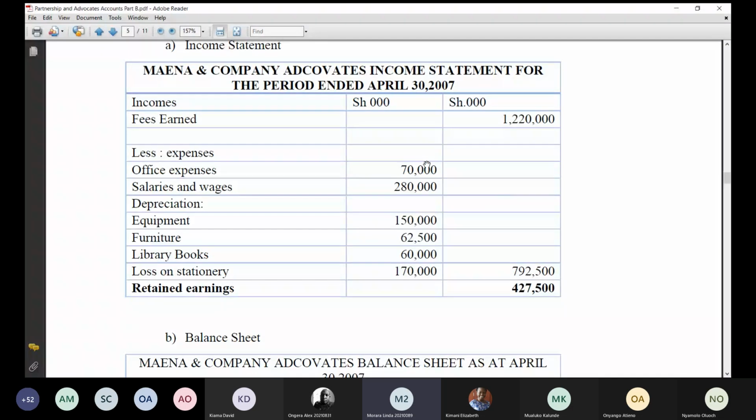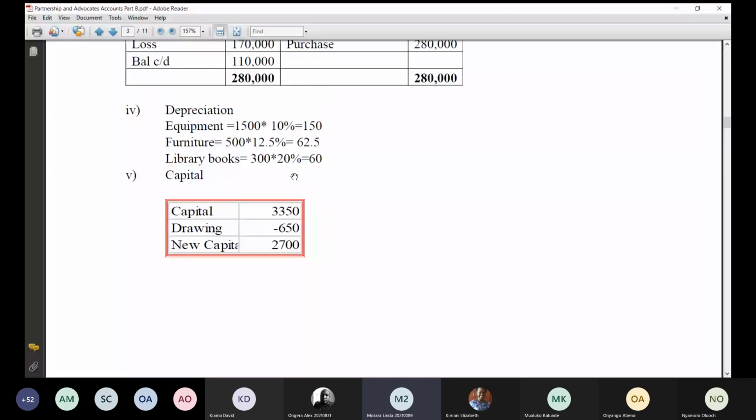So if you go then to your income statement, you will see your fees earned, which we computed. Office expenses, that was direct and indicated. There's a note there that is telling you that salaries and wages were 280, office expenses 70. The depreciation, there's a working for the depreciation, which we are told is 10%.